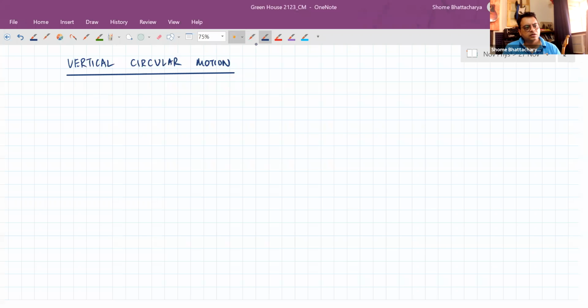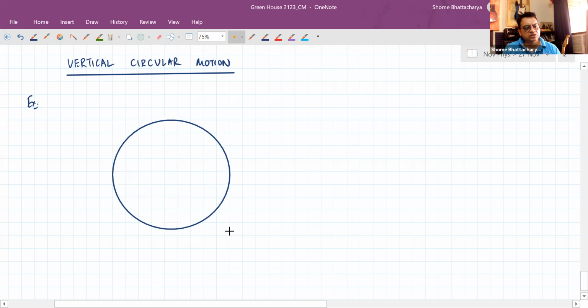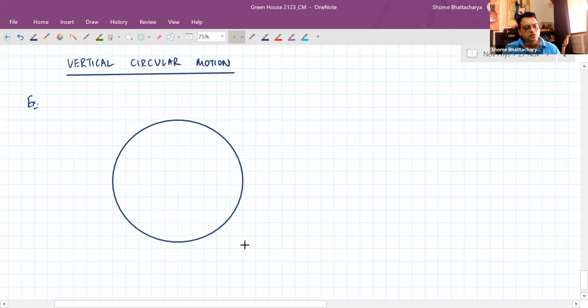But you're already familiar with work by energy, so we will just do this as a continuation of circular motion. But as we solve these problems, we will understand how to incorporate conservation of mechanical energy as and when required. So imagine we have a situation like this.